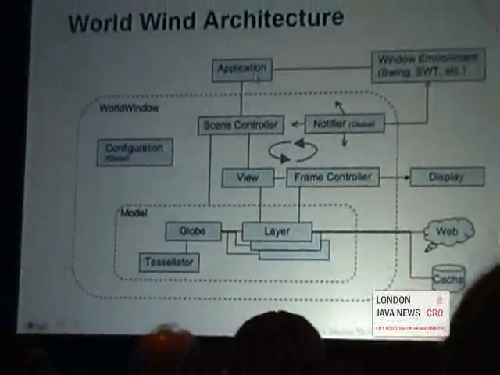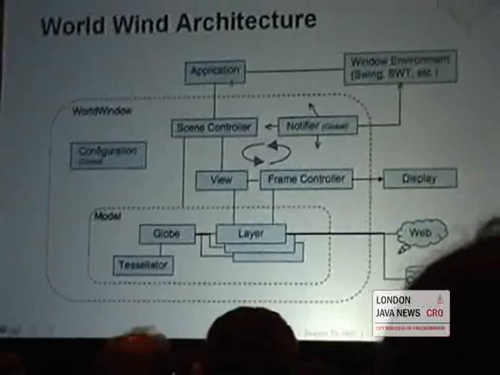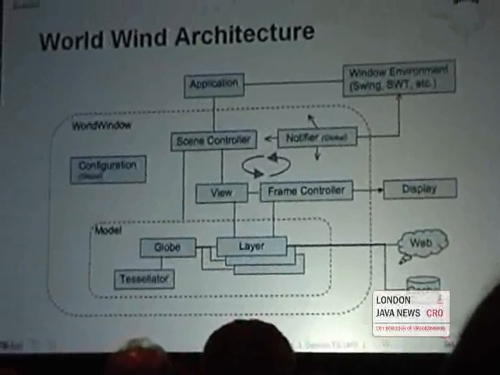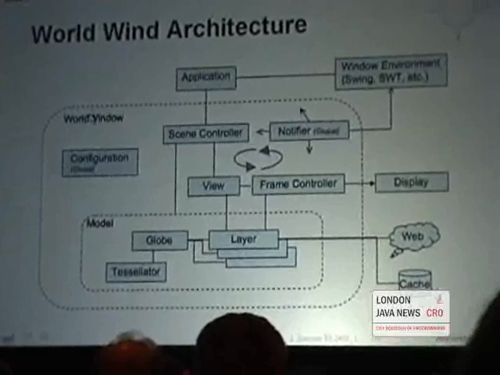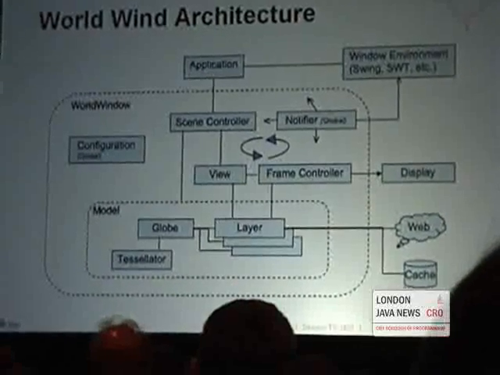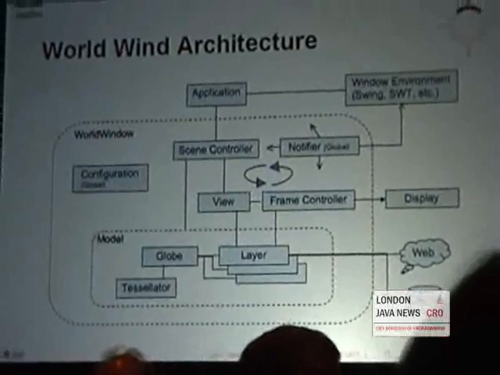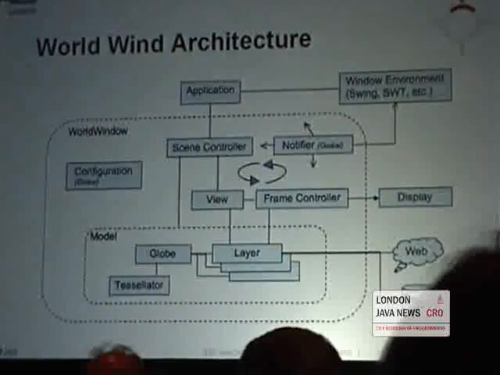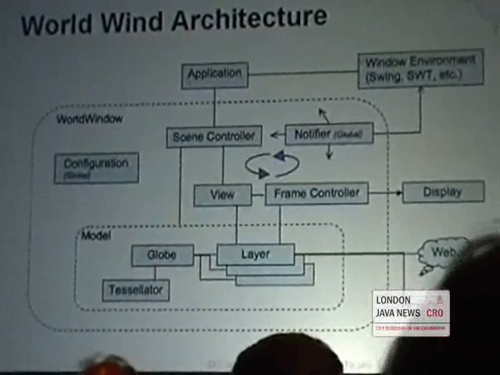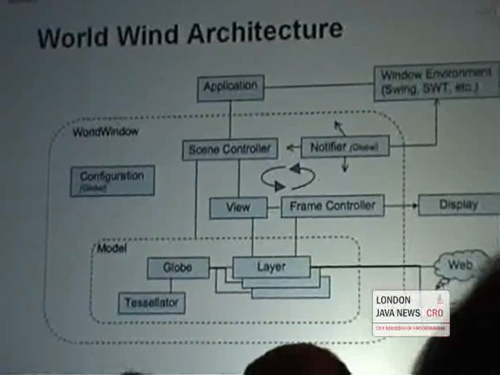So here's your application. The application interface is at the highest level with something called a world window. That's what you actually create. We saw an instance of that. It has a very small interface. It's got doors to bigger interfaces and other classes, other objects, but it's kept intentionally small. So the world window is what you create.